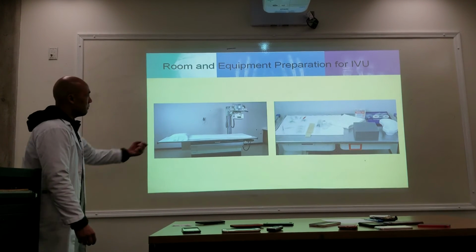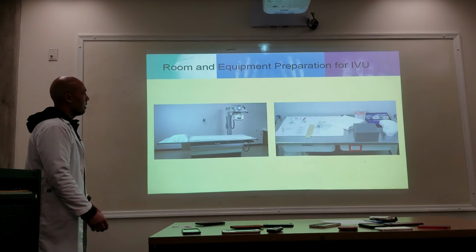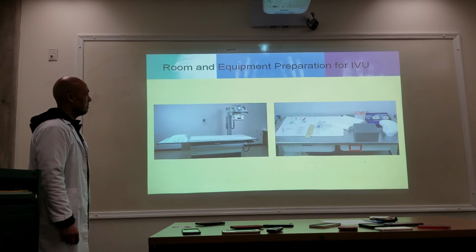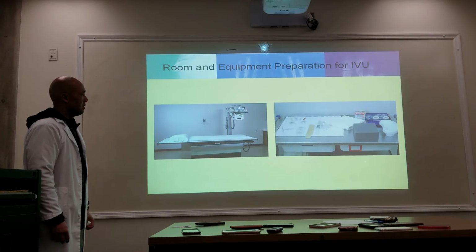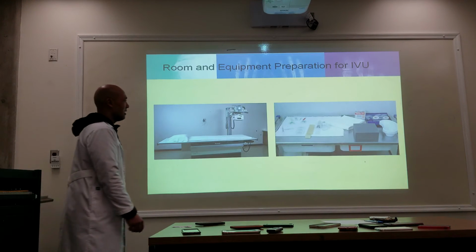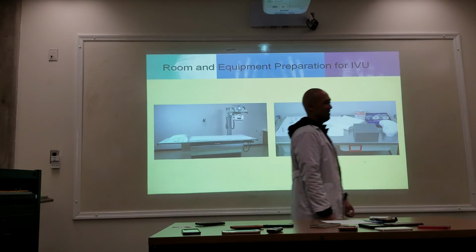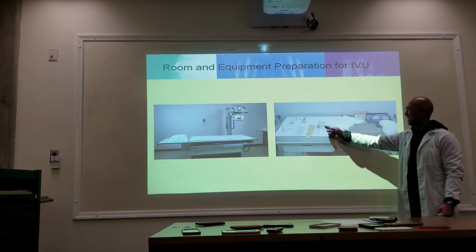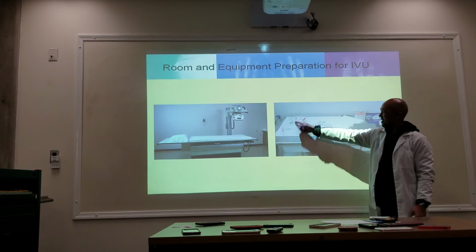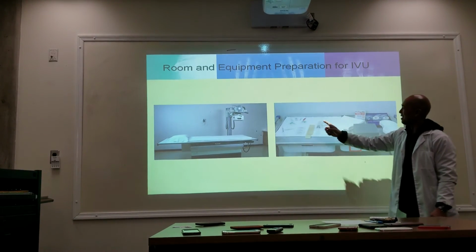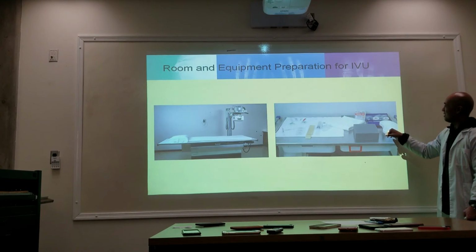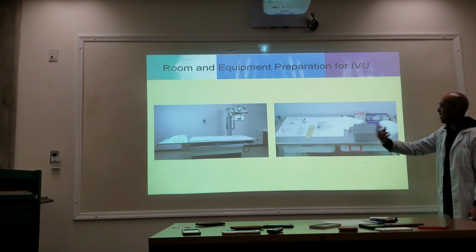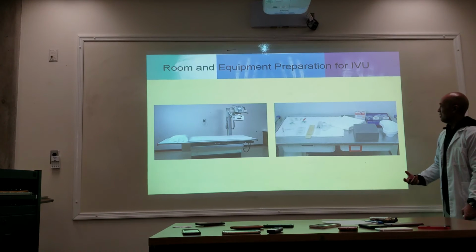Room and equipment. What do we need here? Contrast. Okay, who said that? We need contrast, a syringe, some needles, a tourniquet, a Band-Aid. What else? Emesis basin. Alcohol wipes, cotton balls. Just alcohol.